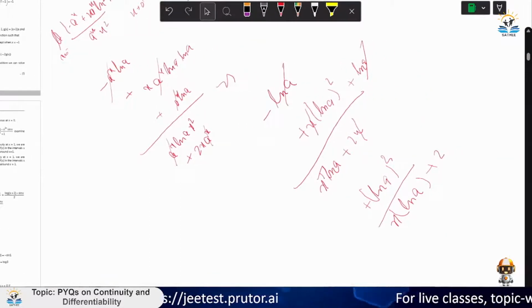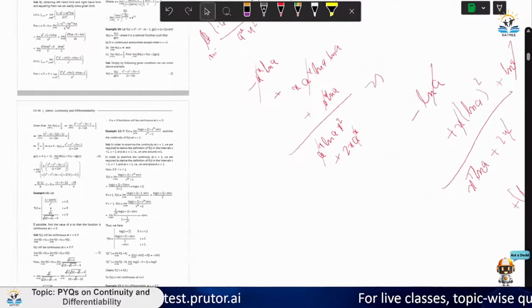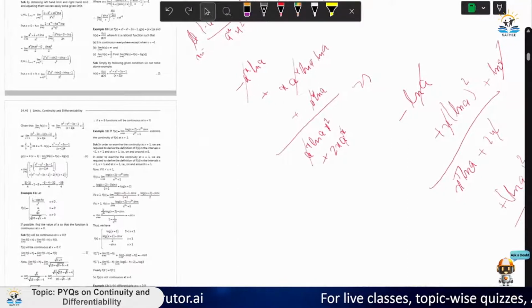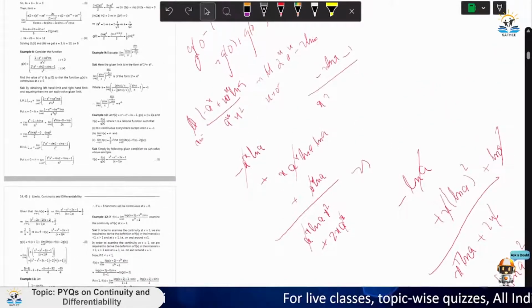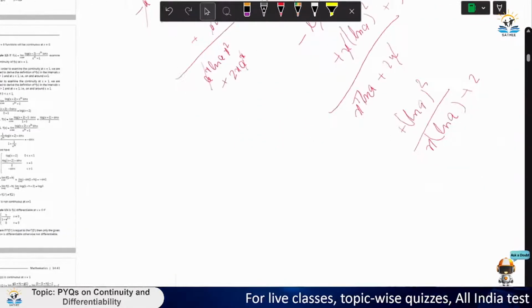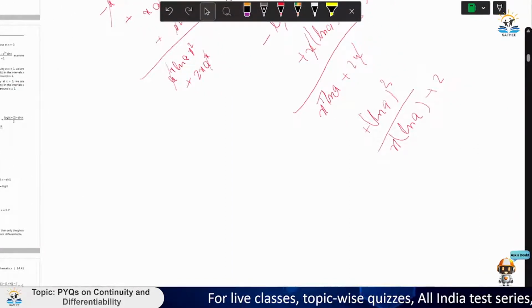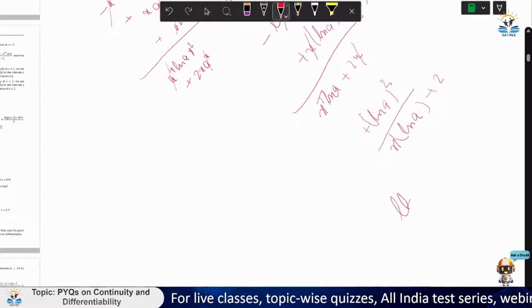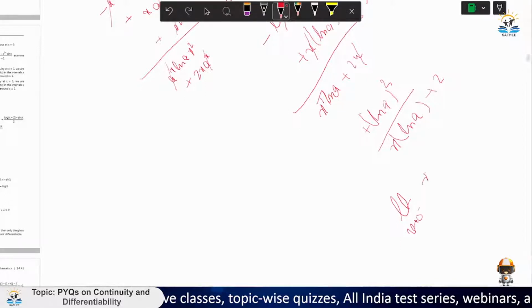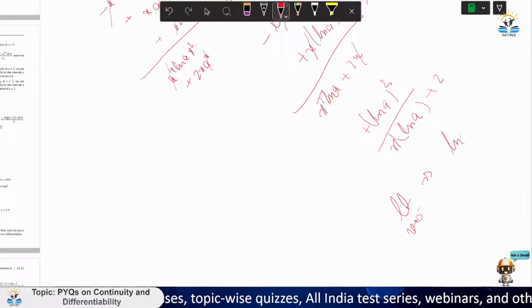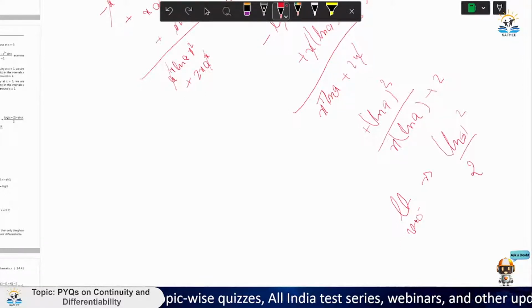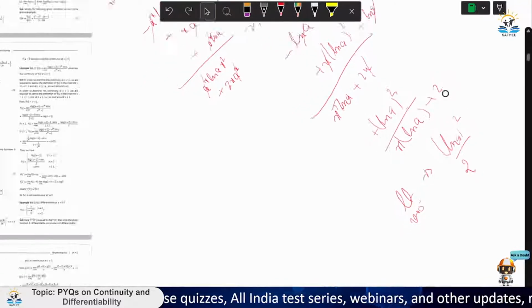So this is what I'm left with, and x is going to 0. So at x equals 0, my limit from the negative side is ln a's whole square by 2. Now solving the RHS.